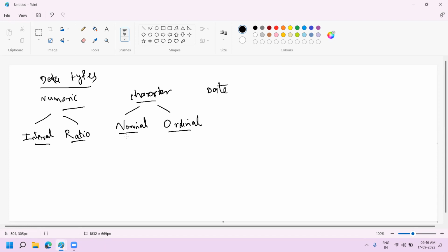You must have done this in class. Data types come in chapter 1. We started with stats directly: variation, distribution, central tendency.